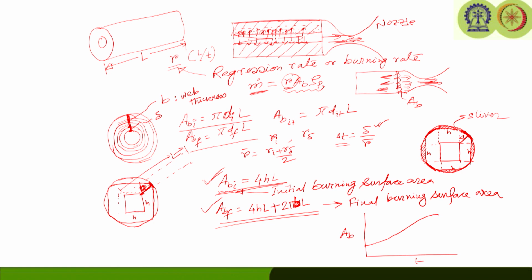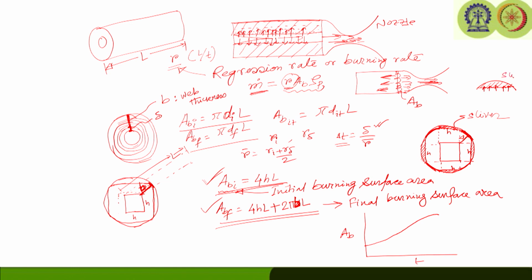But the sliver will not have the progressive nature, meaning the surface area is not going to increase further, because we are looking at the sliver which is something like this. As the burning continues, the surface area will keep on decreasing.